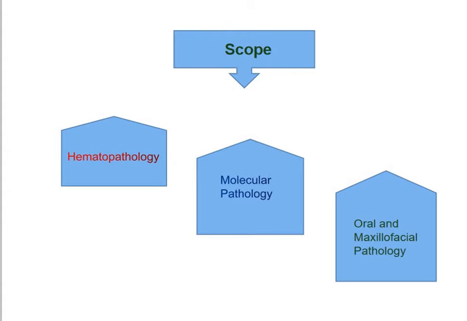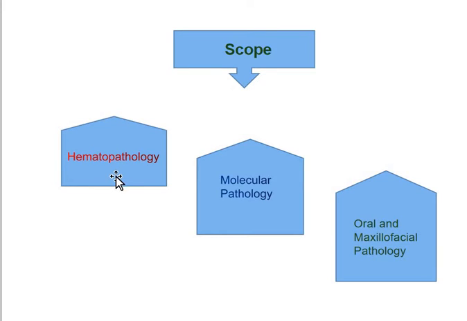So, clinical pathology is a medical specialty that is concerned with the diagnosis of disease based on the laboratory analysis of bodily fluids such as blood, urine as well as tissues using the tools of chemistry, clinical microbiology, hematology and molecular pathology. So, we can see the scope in hematopathology, scope in molecular pathology as well as oral and maxillofacial pathology.